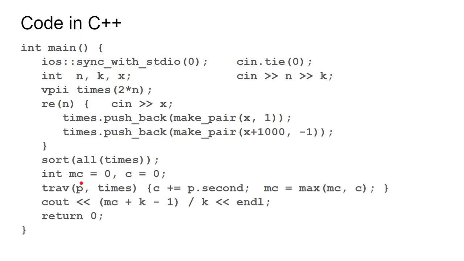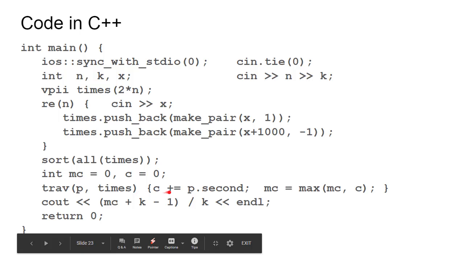So the loop literally traverses over all the elements in times. Maybe it's better to call it events, but that's okay. For every pair, the second one is +1 or -1. We add that, and then we just keep track of the maximum. When this loop is done, MC stores the maximum number of requests at any time.